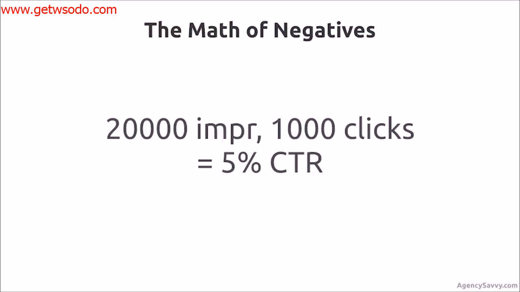And let's just look at why this is so important for a minute. Remember that when we talked a little bit about quality score in the previous module, what I didn't explain in the quality score module was that the click-through rate of your ad, which is simply just the percentage of people that click your ad. So if 20,000 people see the ad and 1,000 people click, 1,000 divided by 20,000 is 5%.